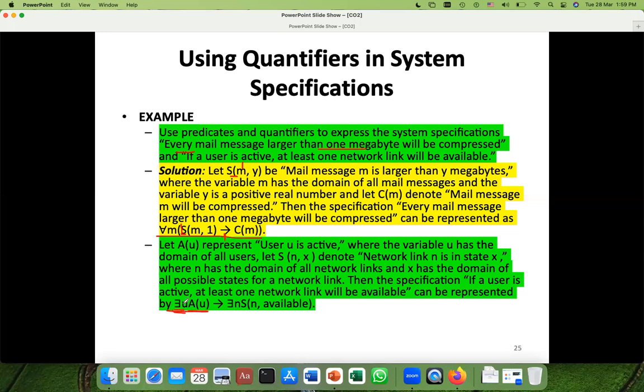There exists some user, and if that user is active, then there exists some network N, and that network N would be available. And the discussion is written here.